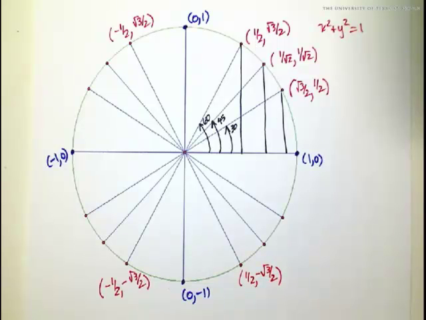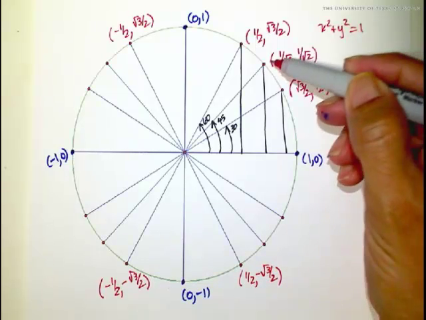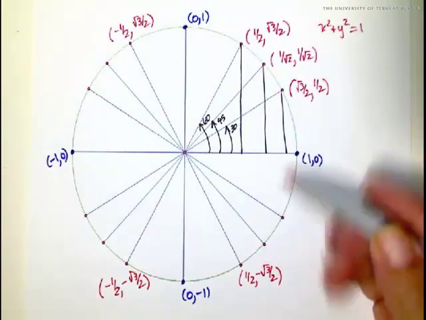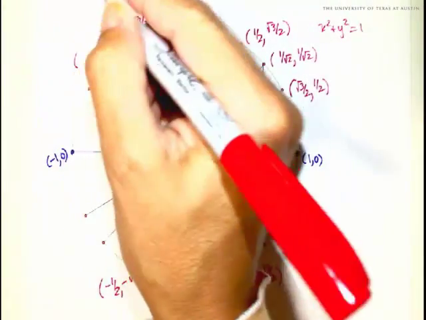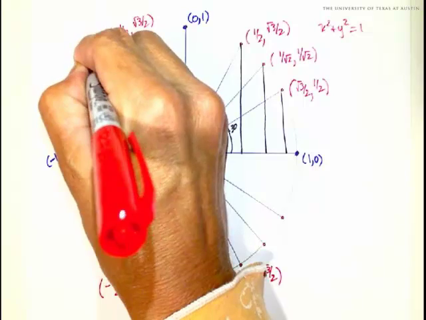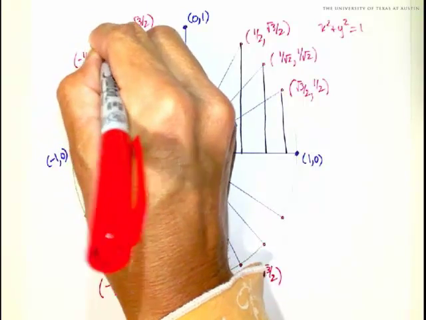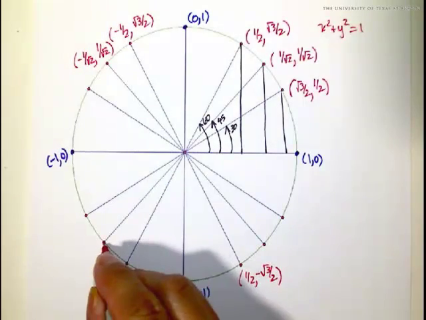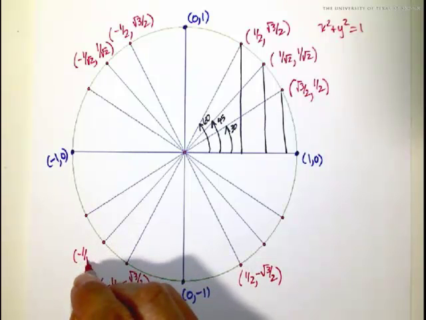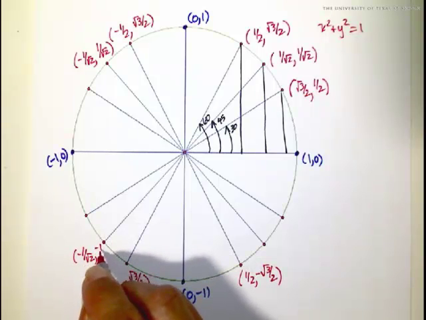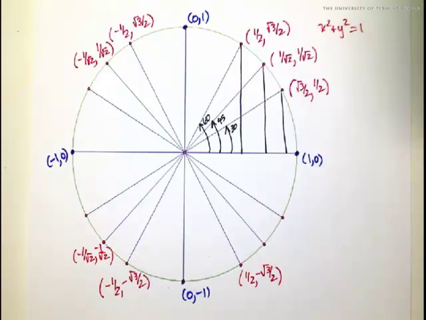Now this one moves around here, here, and here, so this point corresponds to negative 1 over the square root of 2, positive 1 over the square root of 2. This point right here, negative 1 over the square root of 2, negative 1 over the square root of 2.